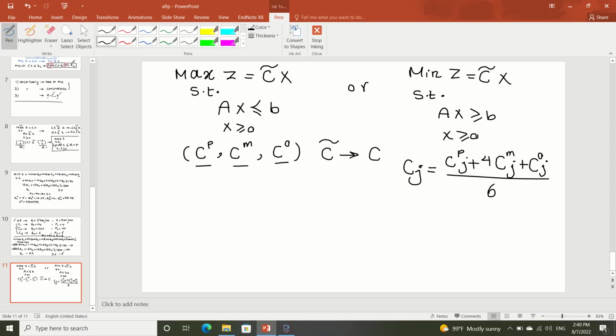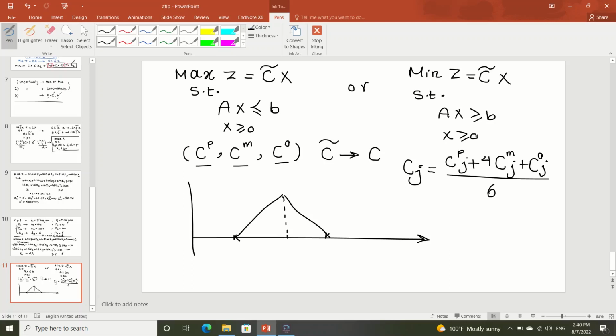Some researchers proposed another technique for obtaining the crisp linear program. In this technique, they assume that there is the structure of TFN, triangular fuzzy number.